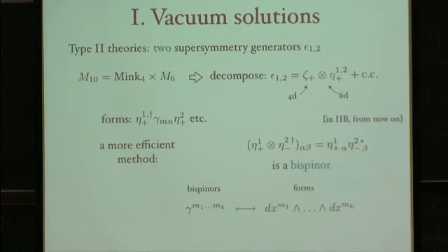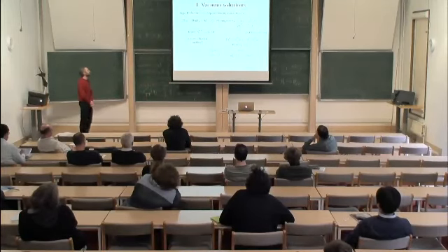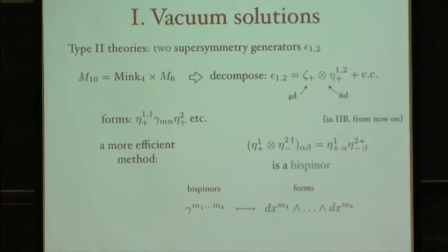But now here's a convenient basis of bispinors. These gammas have also two free spinorial indices, and so I can think of them as bispinors, and I can translate any bispinor into a differential form this way, by this dictionary. And this is called the Clifford map.